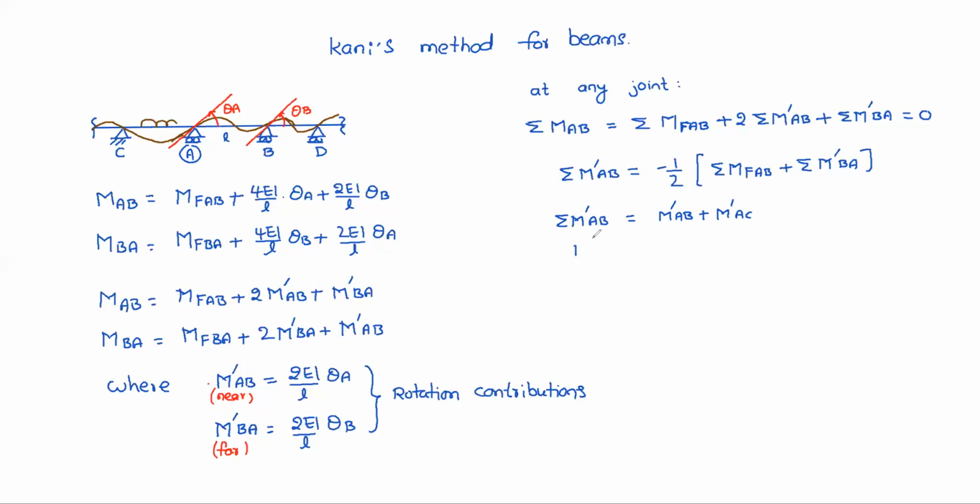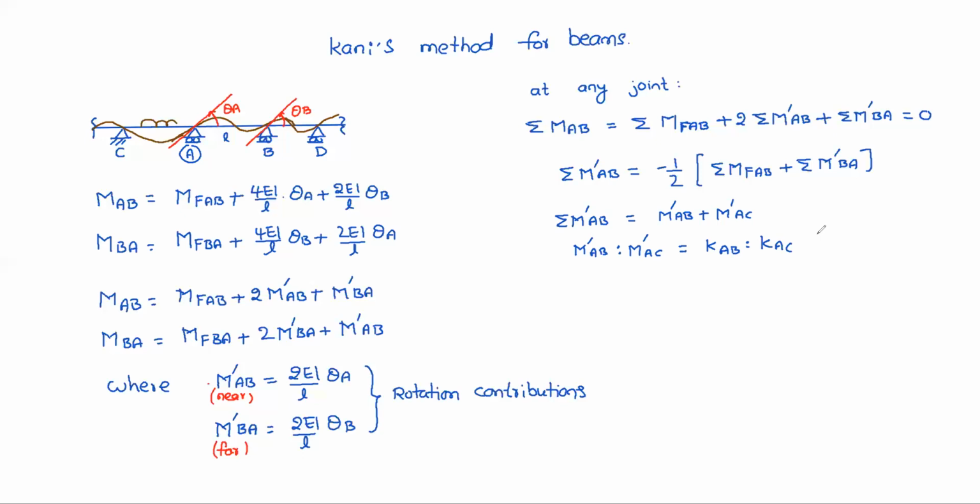M dash AB to M dash AC must be in the ratio of their rotation stiffnesses, that is KAB is to KAC.